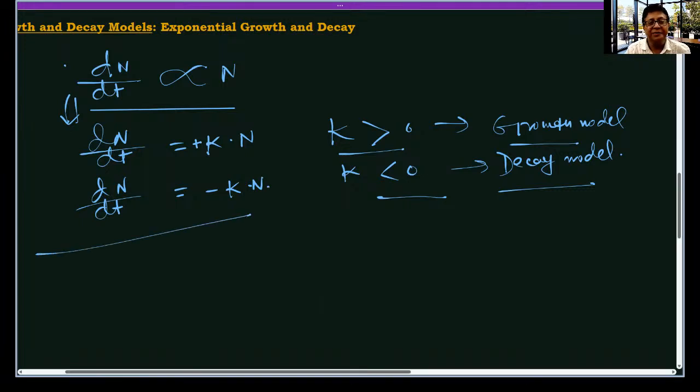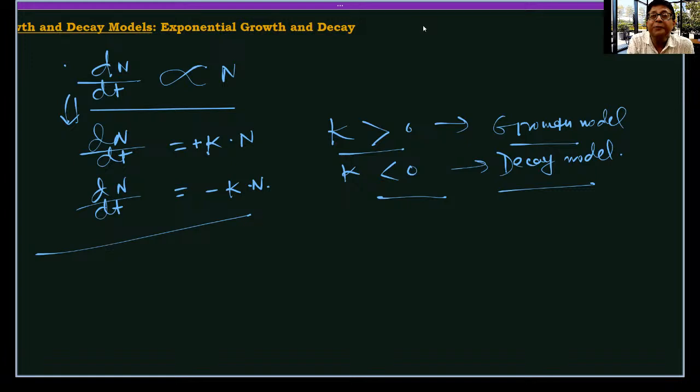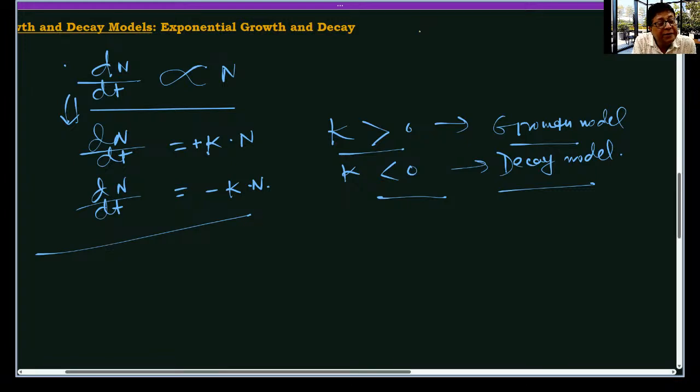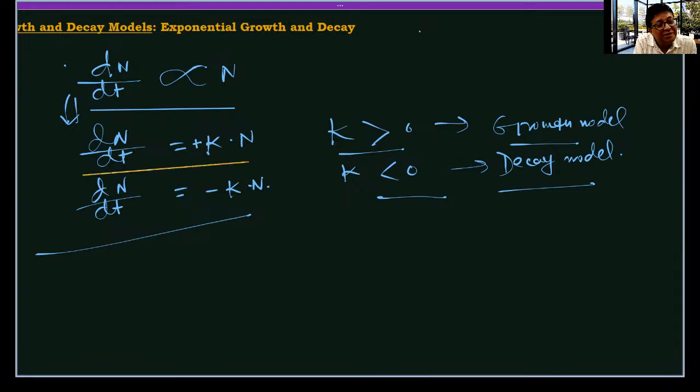Okay, if required. So let me formulate a growth problem first, I mean algebraic form, not in differential form. Sometimes problem solving will be easier for you if there is an algebraic form. So let me start with this growth model first.